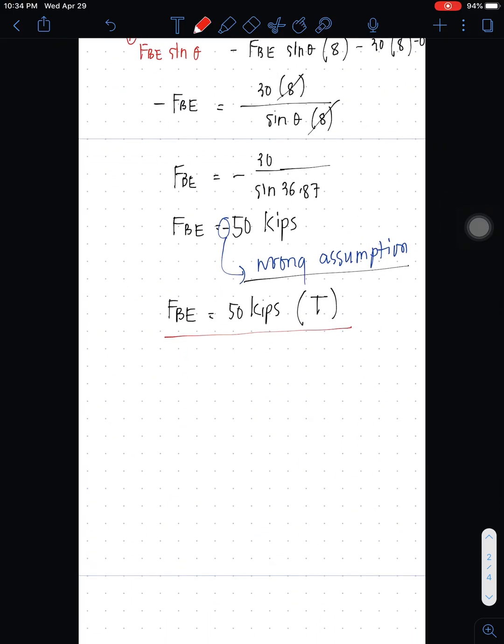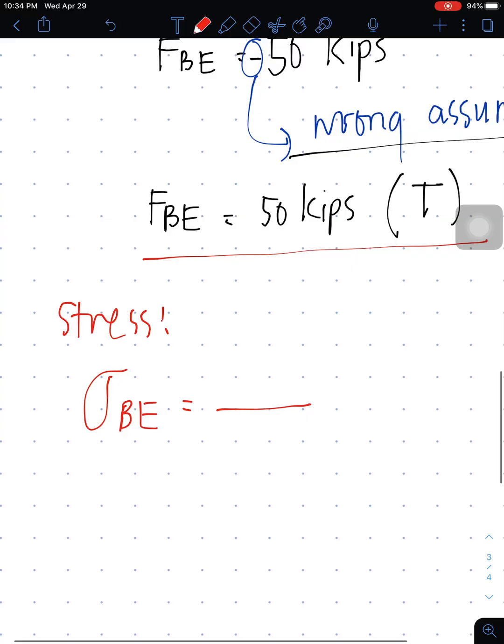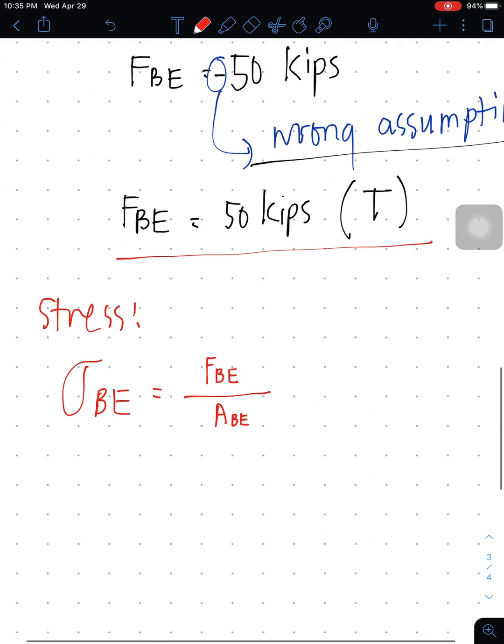Since we now have the force in FBE, we may now proceed in getting the stress. So stress for BE is equal to FBE over the area of BE.